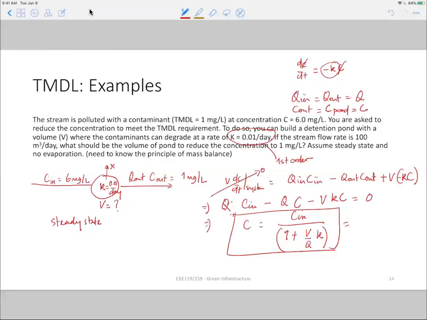So C in is 6 milligram per liter, divided by 1 plus volume. Well, we don't know the volume, so we write V here, divided by Q. Q is somewhere here, so that's 100 meter cubed per day. And then the rate of reaction is 0.01 per day.